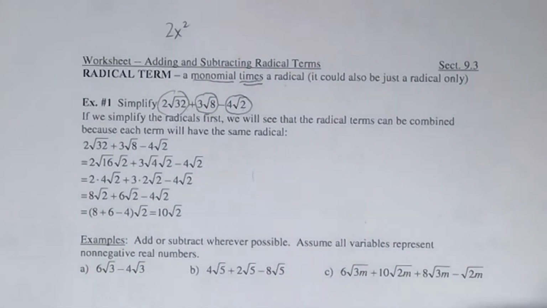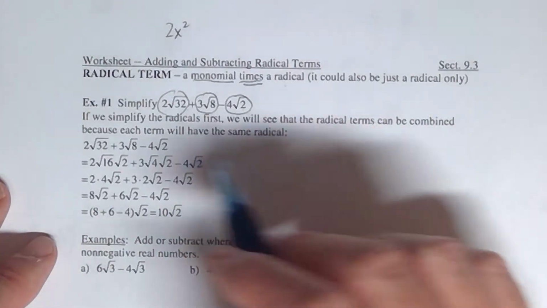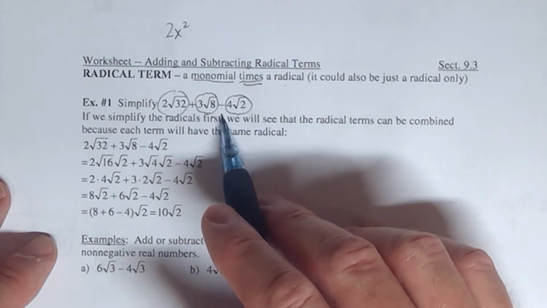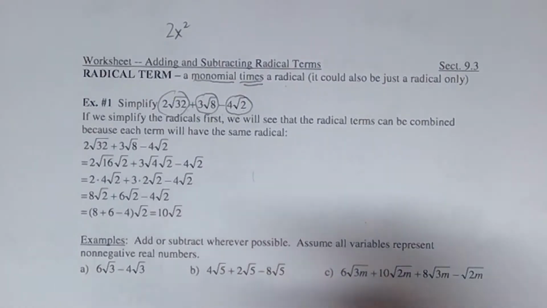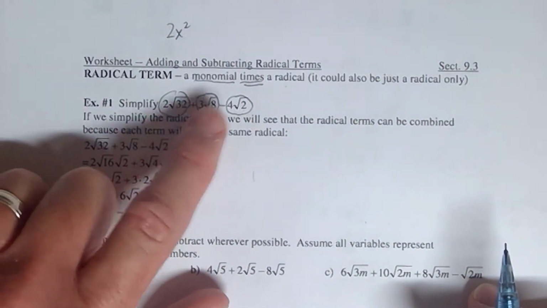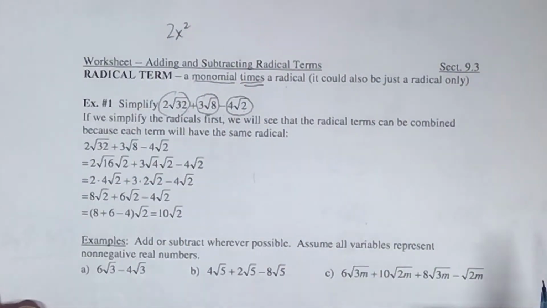Okay, but a lot of times, though, when the radical terms are not the same radical and you need to either add or subtract them, okay, that does not mean that you give up. You can, because of what we learned in the last section, a lot of times when you try to simplify the radicals, they do then become the same here.